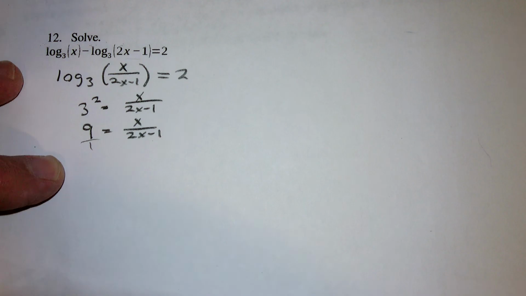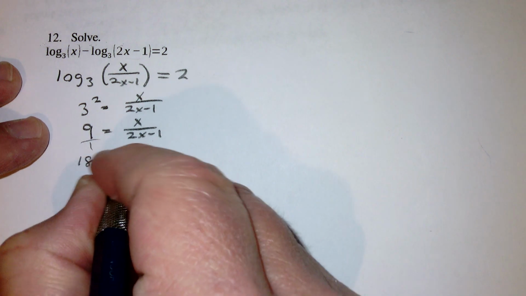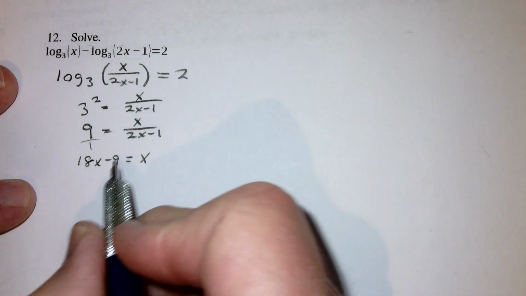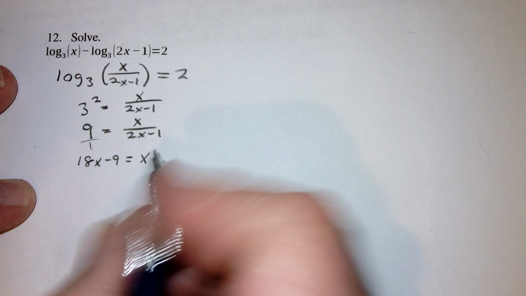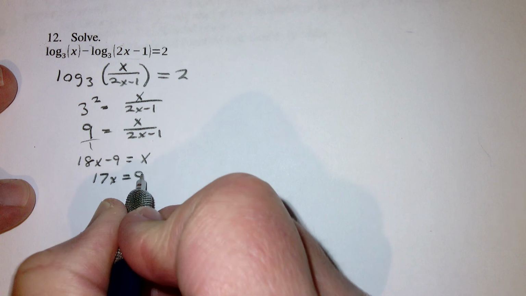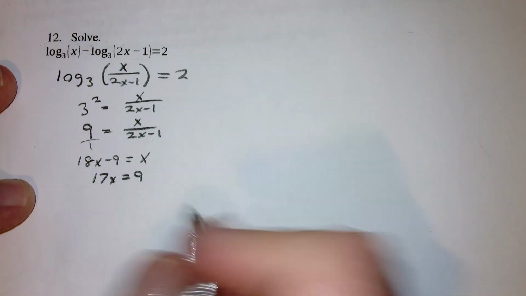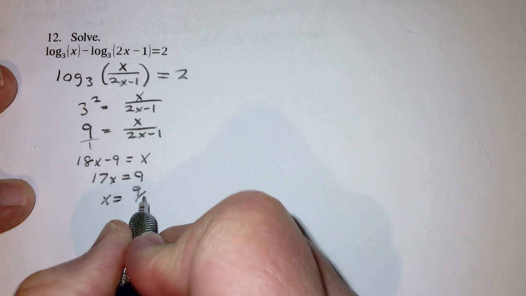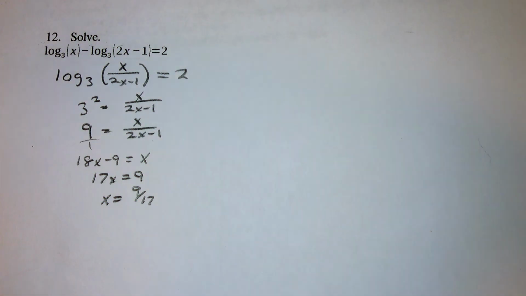So let's just go ahead and do that. 9 times 2x minus 1 is 18x minus 9. It's equal to x. I'm going to add the 9 to both sides, and at the same time subtract this x. That gets me 17x equals 9. Finally, divide by 17, and I've got x equals 9/17. And boom, I've solved the problem.